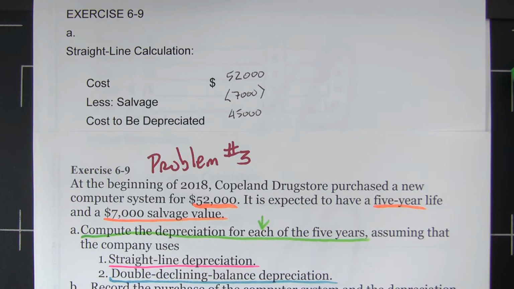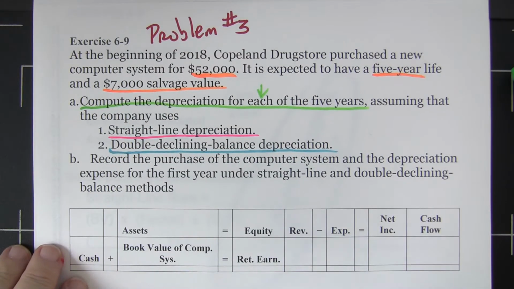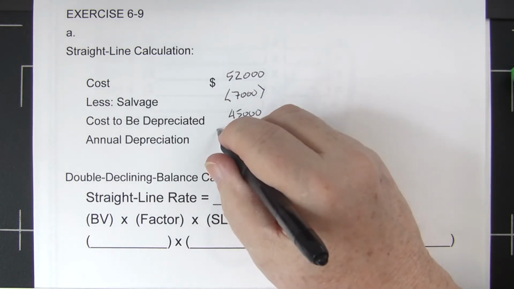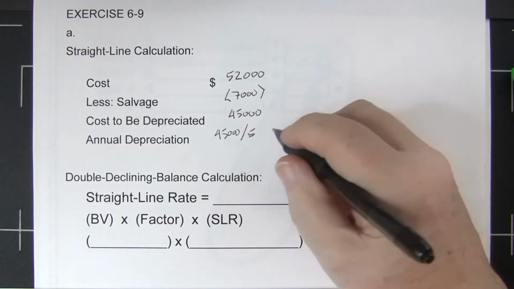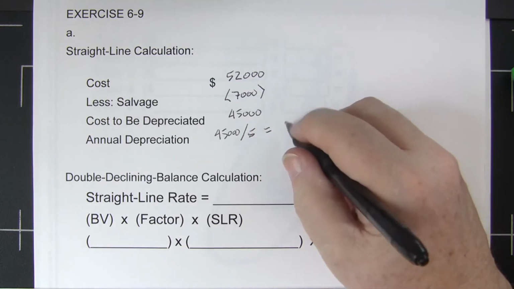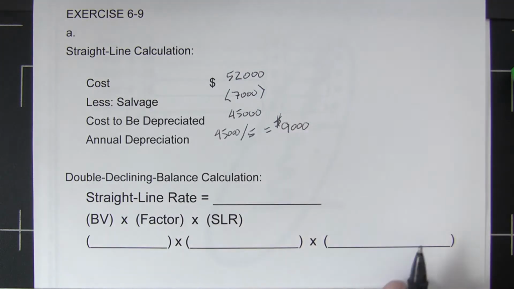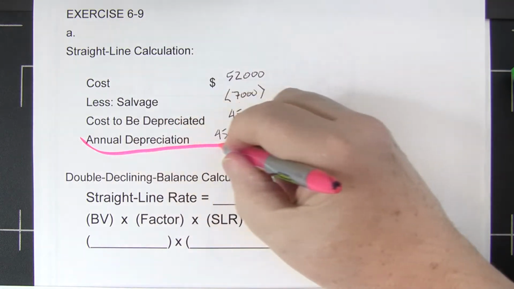That's how much depreciation we're going to take over the entire life of the asset. And they tell us that the asset's going to last 5 years. So we're going to take 45,000 and divide by 5 because each year we're going to take 1/5. So our annual depreciation is $9,000.